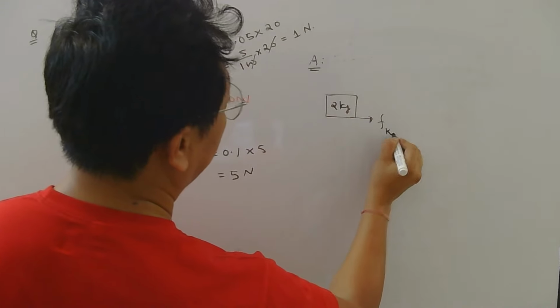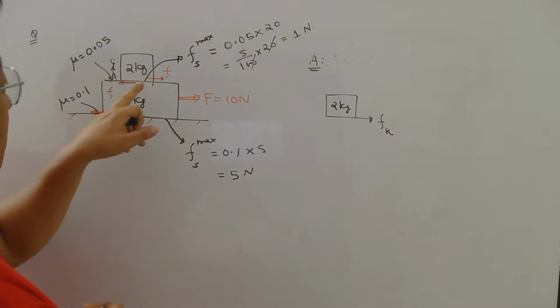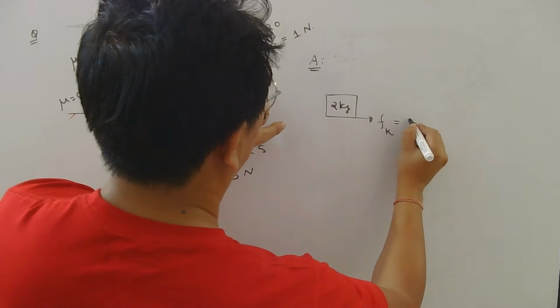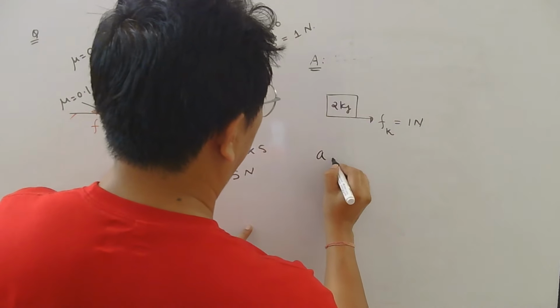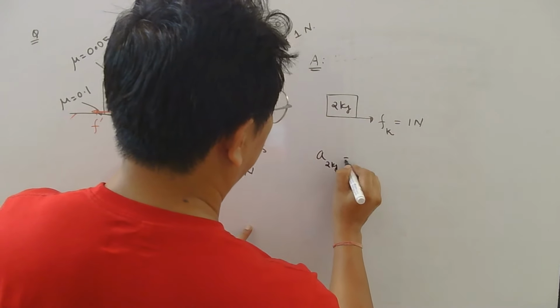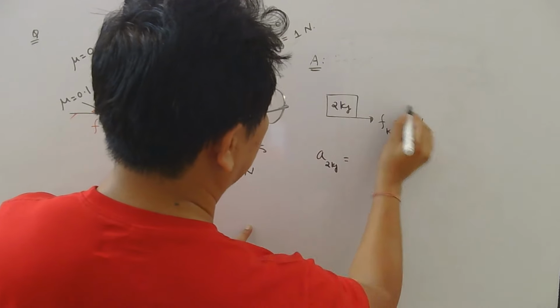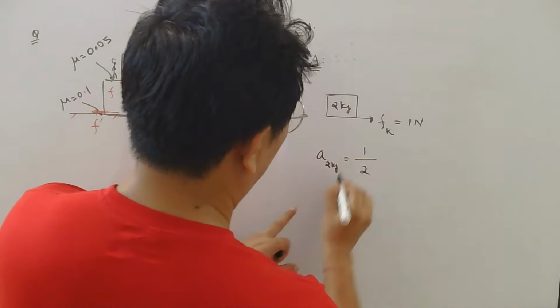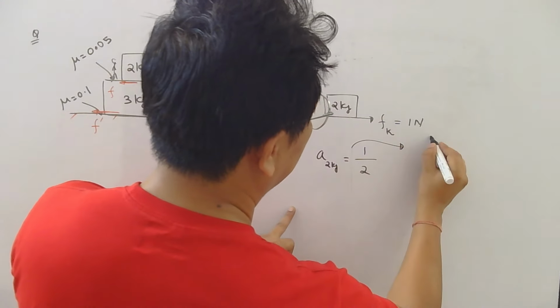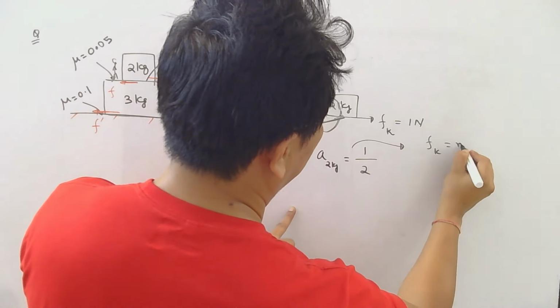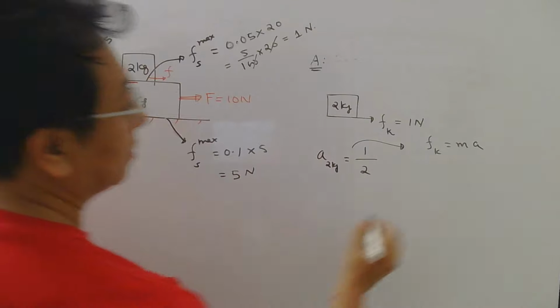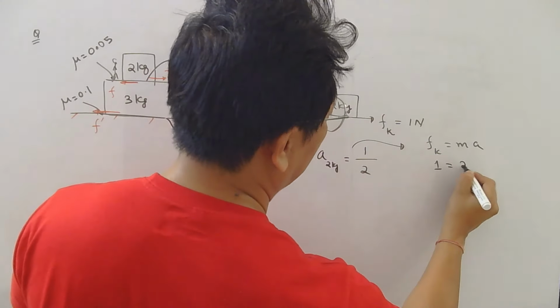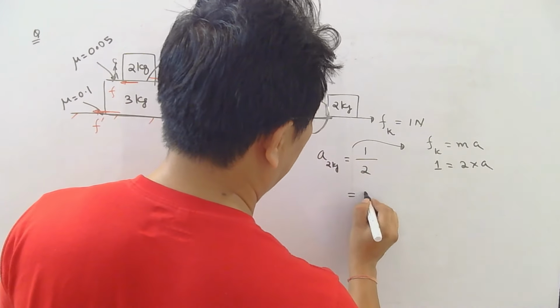Friction, that is kinetic. And kinetic friction here will be the maximum value, 1 Newton. So acceleration of 2 kg block, Newton's law, force by mass. The only force is 1 Newton divided by mass. I hope you understood how I found this. Friction this time is the force, m into a. Friction is kinetic 1, mass is 2. So acceleration is 1 by 2.